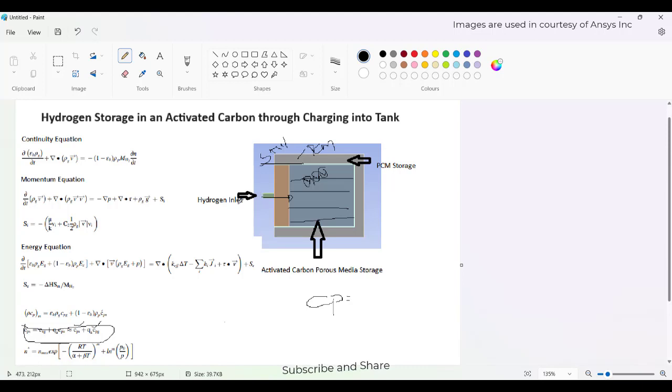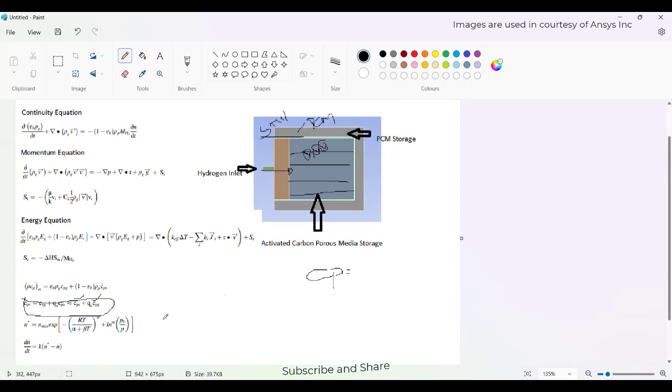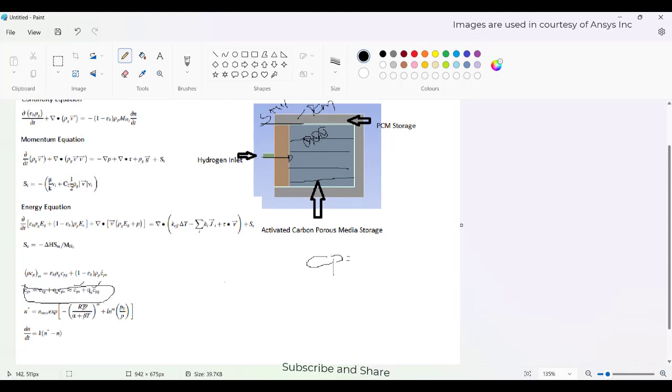Now once the hydrogen comes onto the carbon at a certain temperature and pressure, the hydrogen starts adsorbing onto the carbon. So the pressure and the temperature at which it starts adsorbing onto the carbon is this. You can see here dN by dt, which is the rate of deposition of hydrogen onto the carbon.